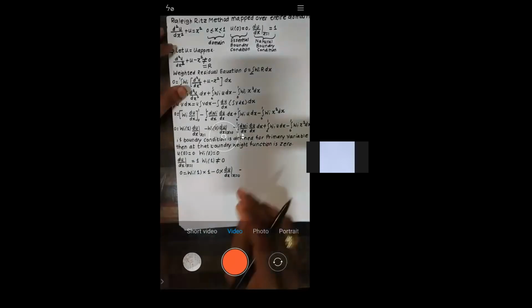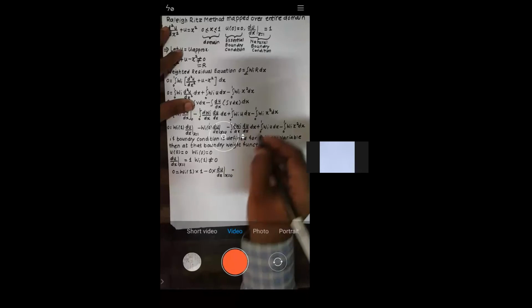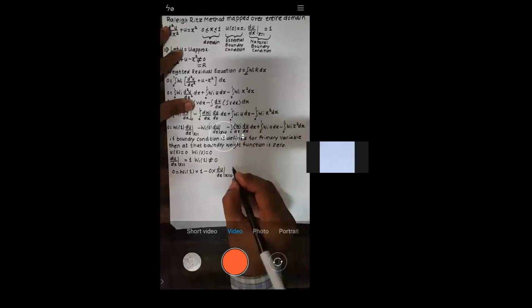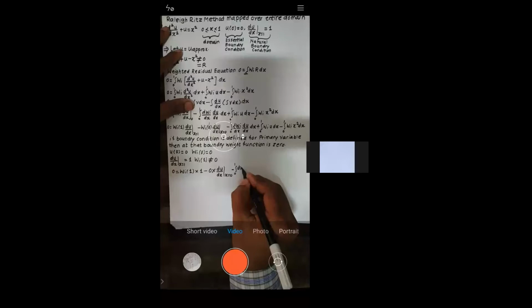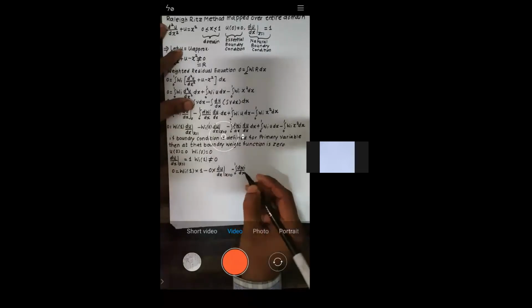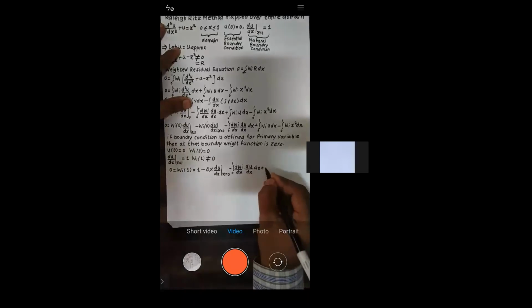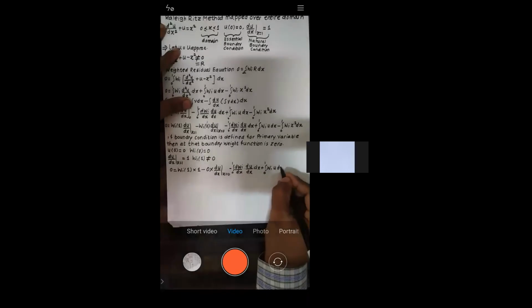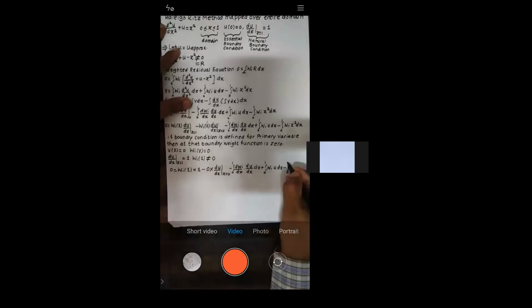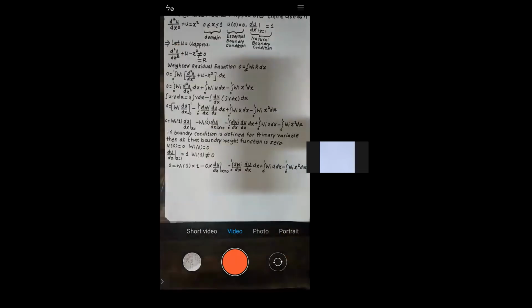See these three terms, they're going to remain as they are. So integration 0 to 1 dwi by dx into du by dx into dx, plus integration 0 to 1 wi into u into dx, minus integration 0 to 1 wi into x square into dx. Is it okay with this one or not? Yes, sir.